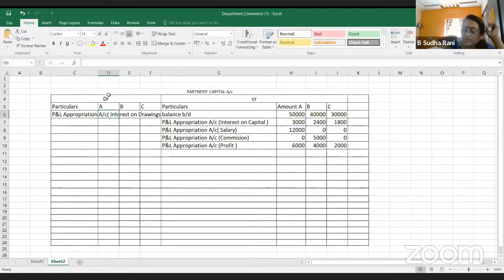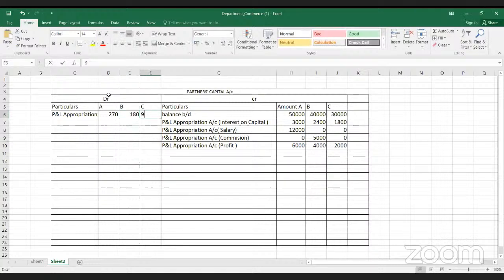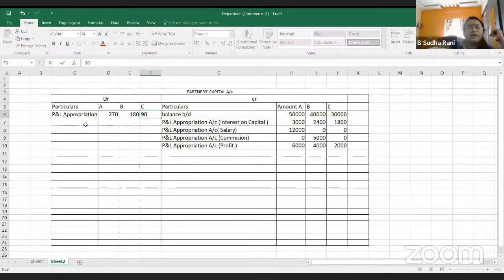What is the interest on drawings of partner A? 270? Is it? 180. 180, 90, 90, 90. Very good. That is what we are supposed to write.